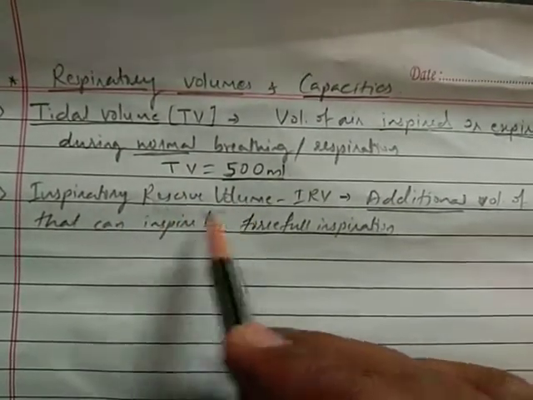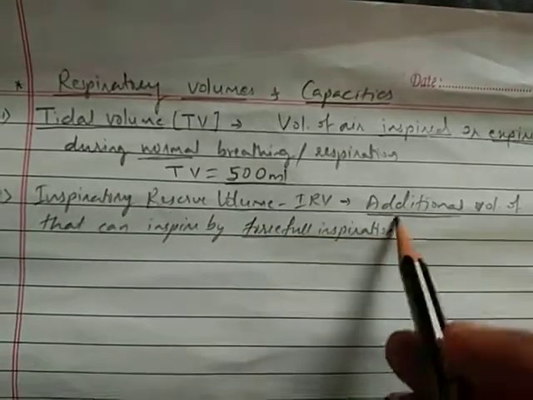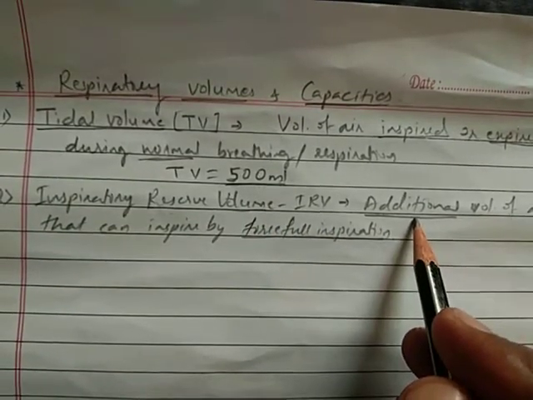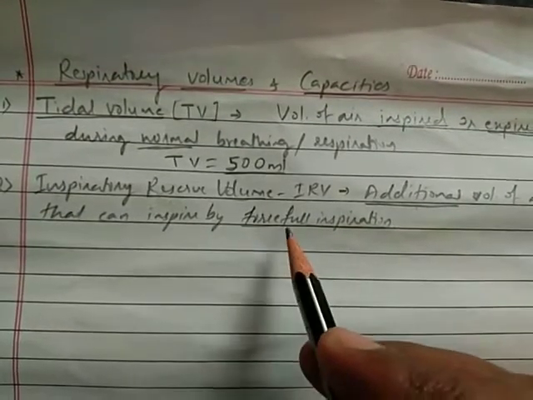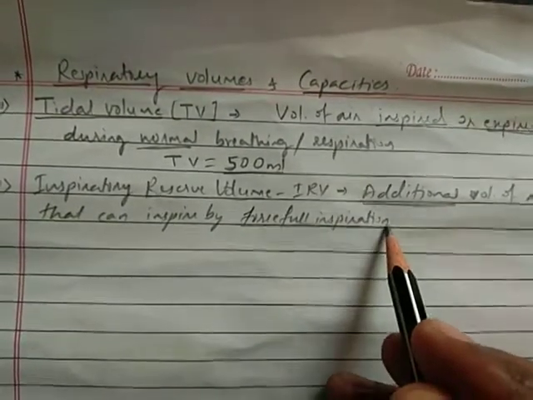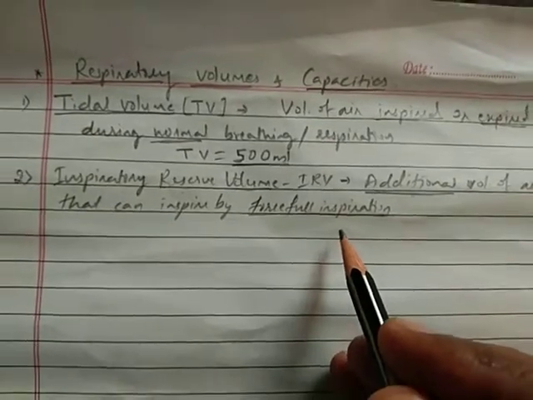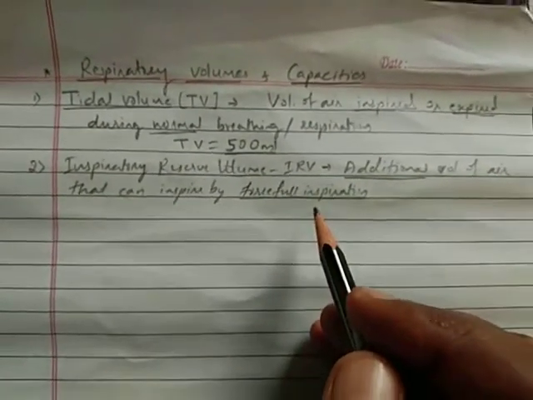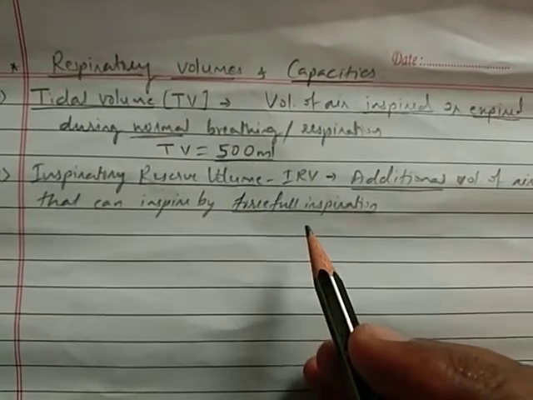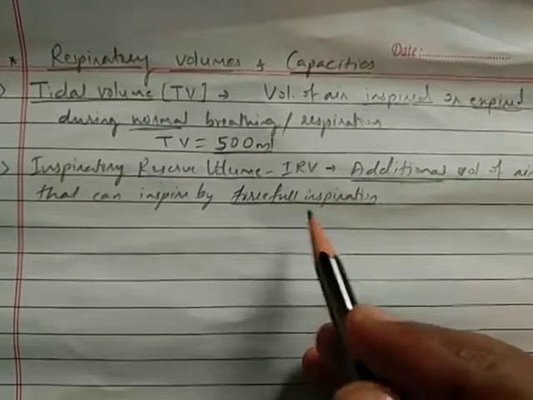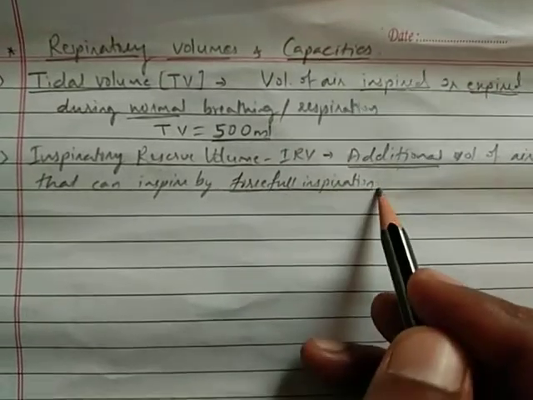Inspiratory reserve volume is the additional volume of air that can be inspired by forceful inspiration. When we take a deep breath, during yoga and pranayama, we are taking maximum air inside, that is what we call forceful inspiration.